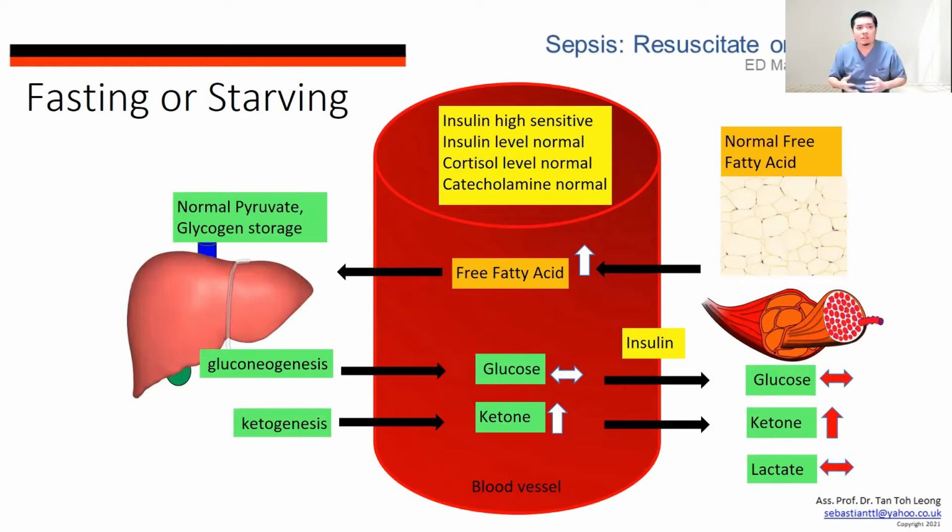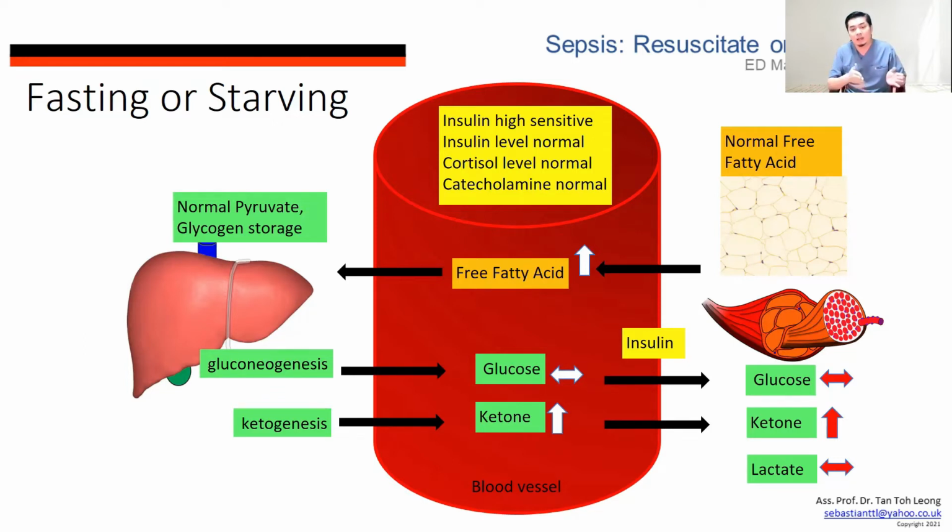Okay, for a normal physiological condition, starving or fasting, usually our sugar level in the blood is normal. The sugar here is normal, and our ketone will be high because we are fasting and the sugar slowly comes down. The cell shows that the glucose is a bit lower than the normal range, because in a fasting situation, the body will start ketogenesis to increase ketone to supply the cell energy, so this is part of the physiological changes.